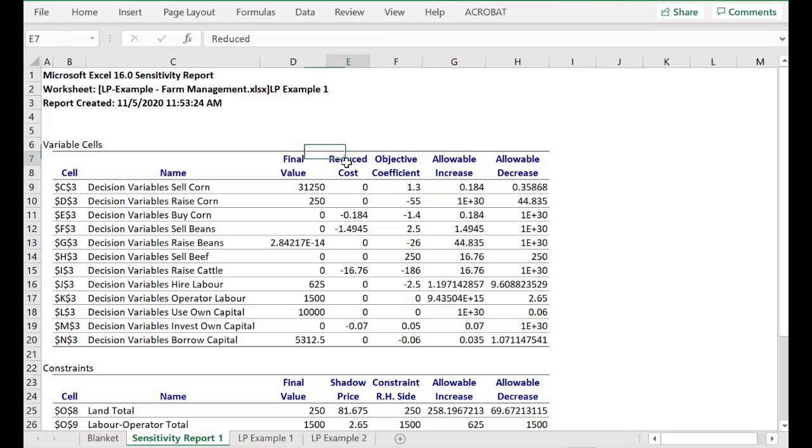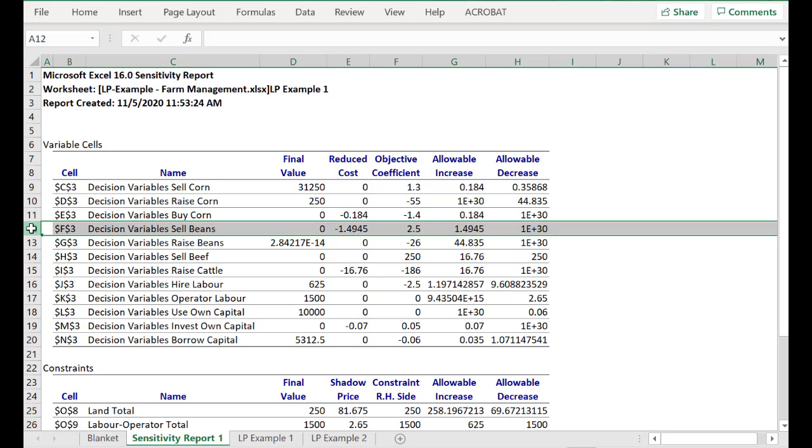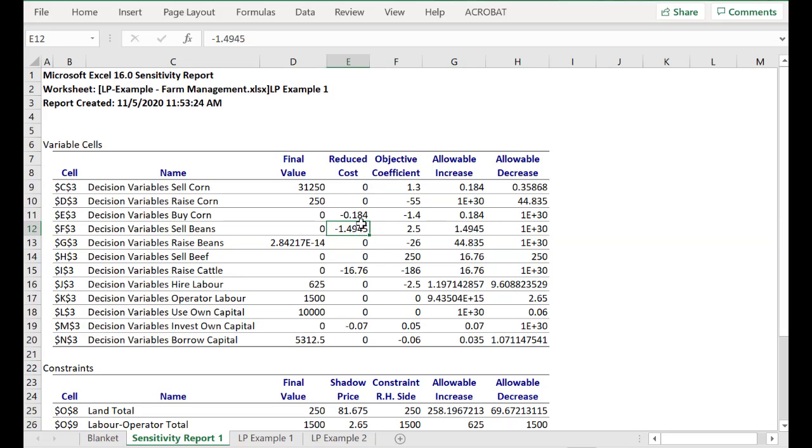You will notice this is the column of the reduced costs. If you pay attention to this row, this is cell bins. This is the example that I used in the slide. So the reduced cost for cell bins is negative 1.4945.